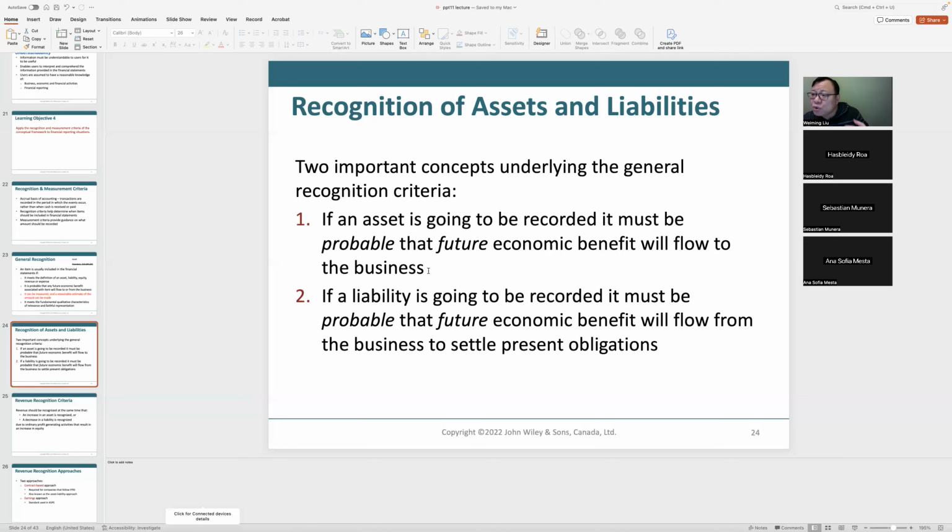If you don't know the value of the liability, you are still not able to record it as a liability. So let's say the lawyer is very experienced. The lawyer will say, well, I can give you a very reasonable estimate. This is going to be a $2 million settlement. Then you can recognize this as a $2 million liability, right?